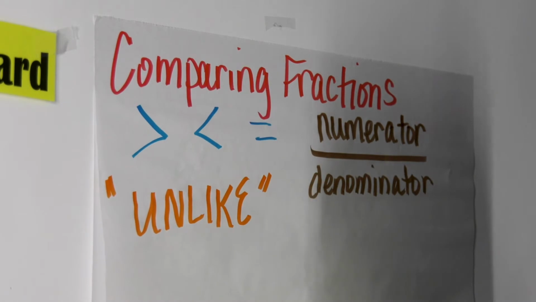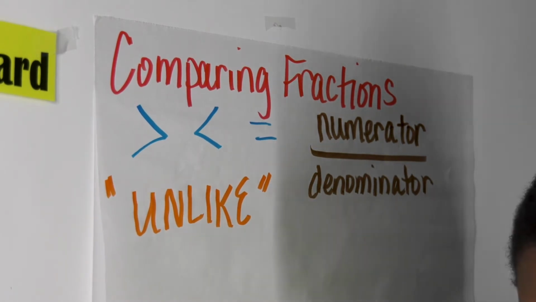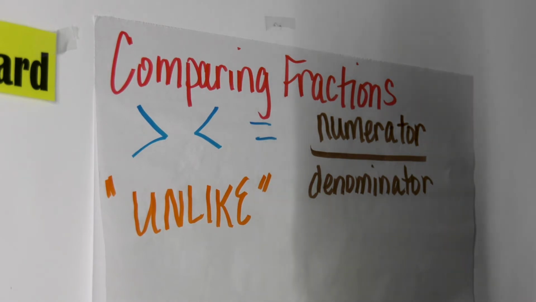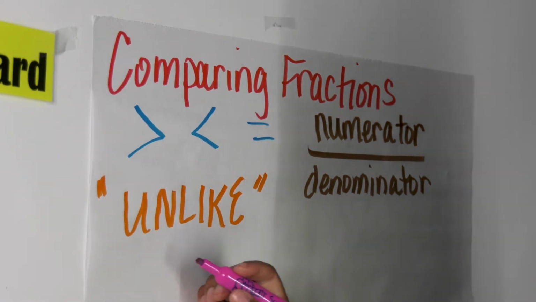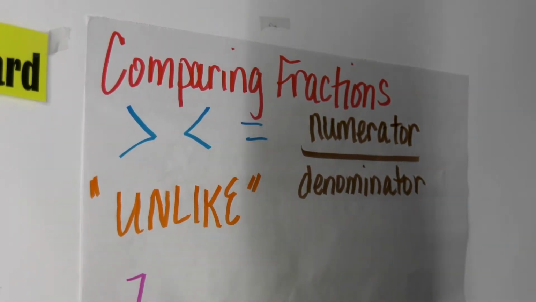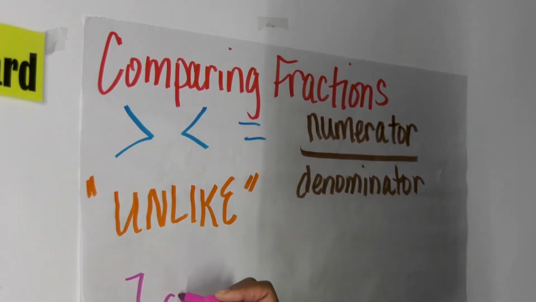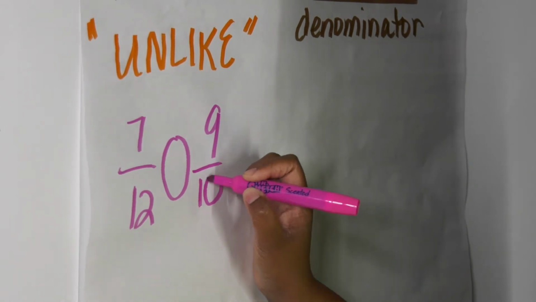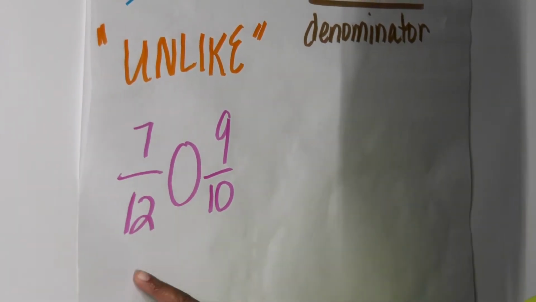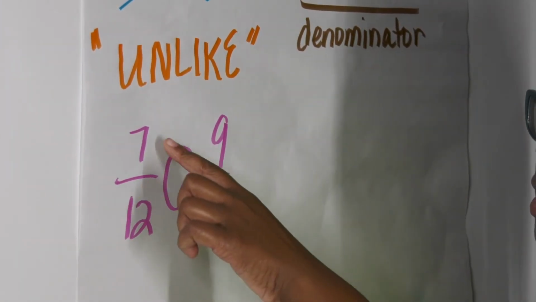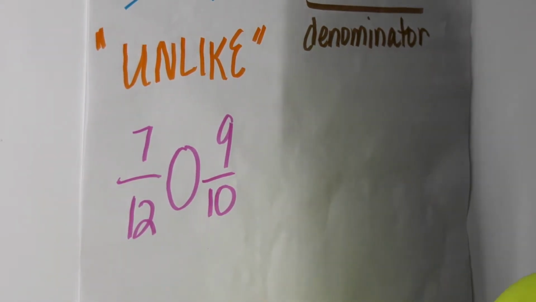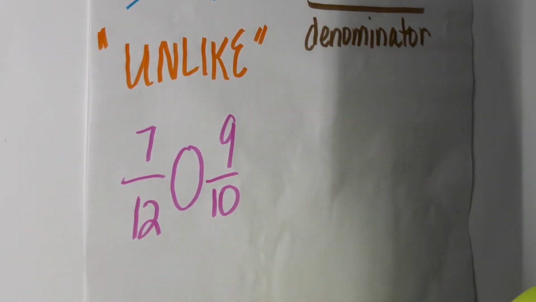So an example of an unlike denominator would be 7/12 compared to 9/10. Okay, so when we look at these two, the denominators in these two fractions are different. So we call those unlike denominators.